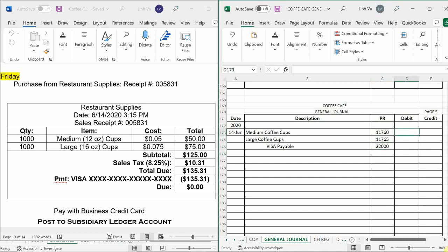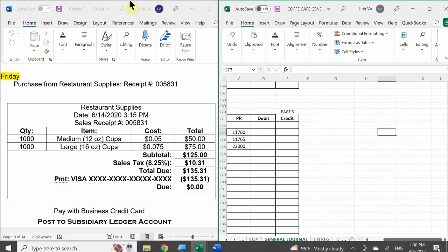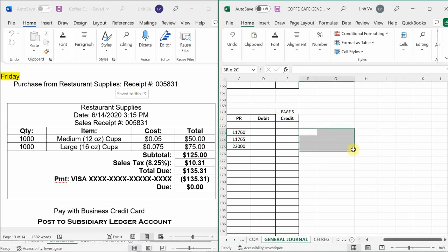How much is my coffee cups for my medium size? Before tax is $50, but we've got to figure the tax on it. Yes, we need to distribute the tax on it. So let's take a little trip to the side of our journal here.